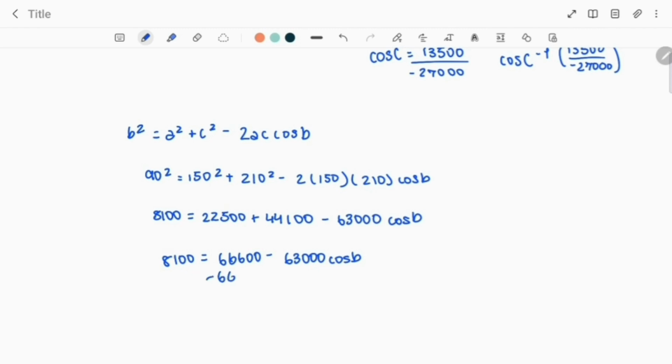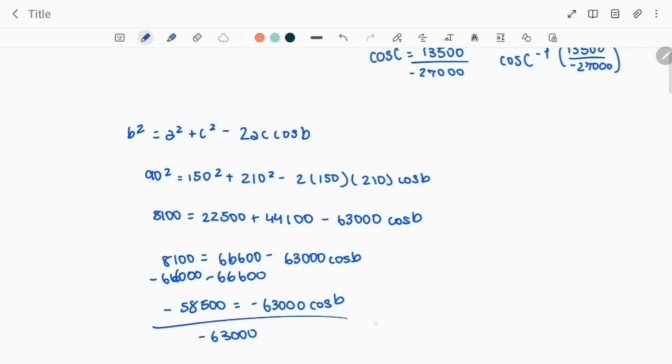We'll subtract 66,600 from both sides, and we will get negative 58,500 is equal to negative 63,000 cosine of b. Now we'll divide both sides by negative 63,000, and we'll get that the cosine of b is equal to negative 58,500 divided by negative 63,000.